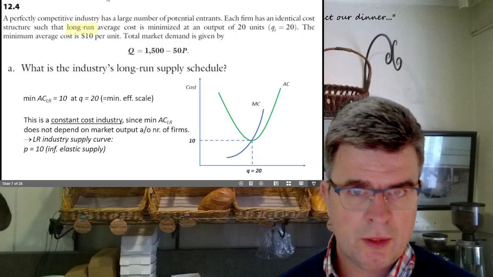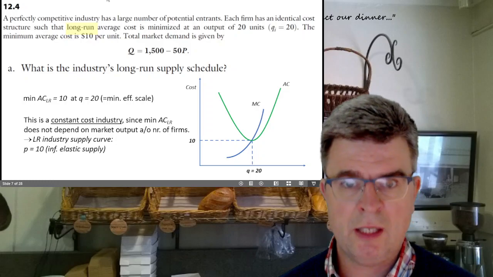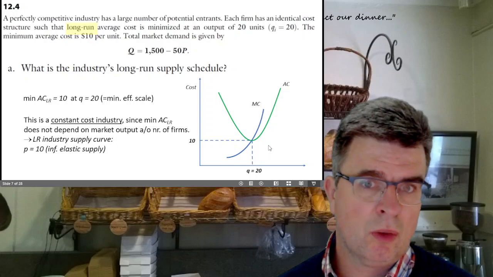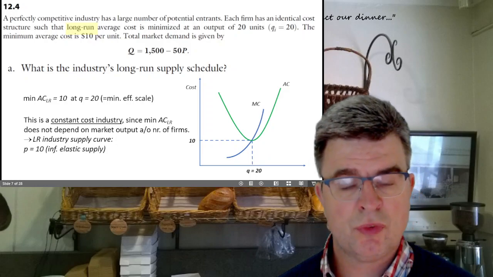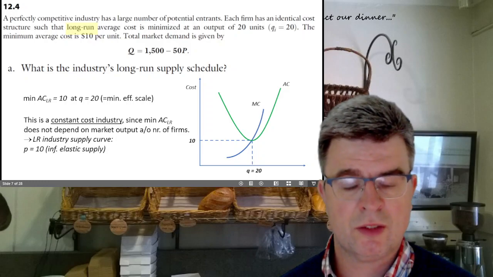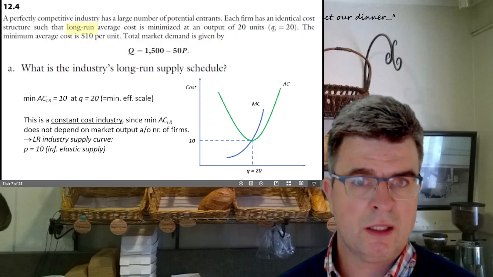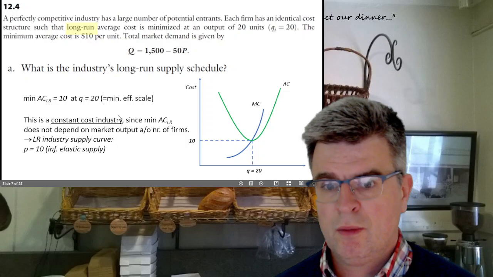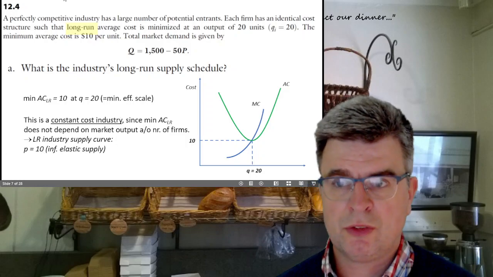So the long run industry supply curve is identical to P equals 10. It's the horizontal flat line. In the long run, the number of firms will always adapt such that each firm will produce 20 units, they will sell at a price of 10, and we have infinitely elastic supply at the price level of 10. So very simple equation, and this completes question A.